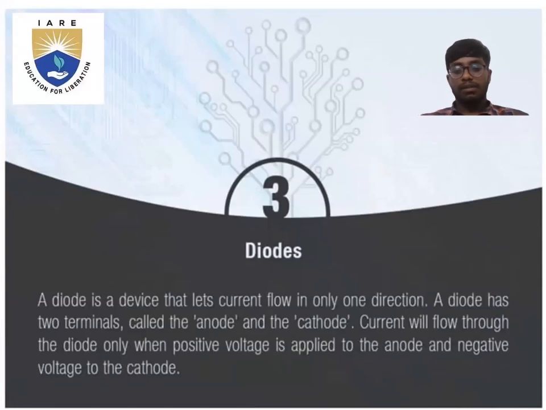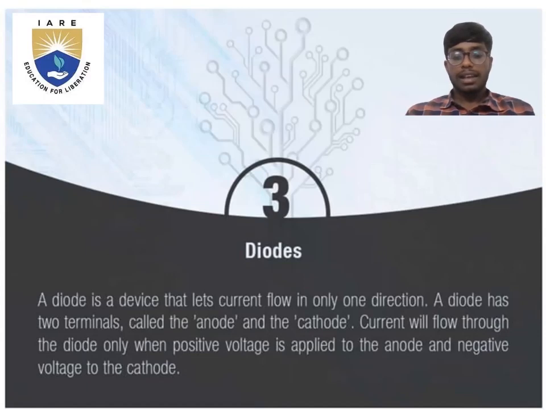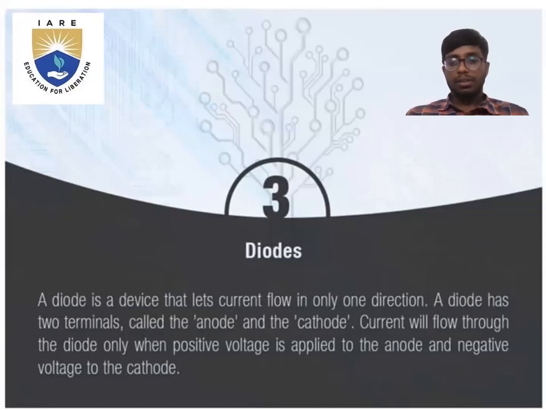Third one is diode. A diode is a device that lets current flow in only one direction.